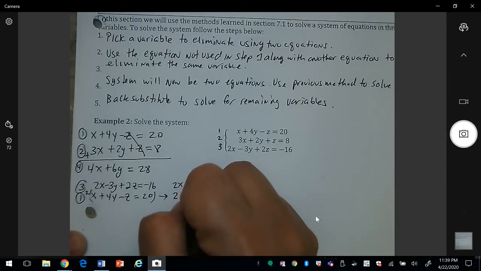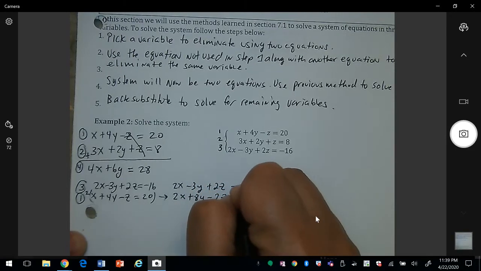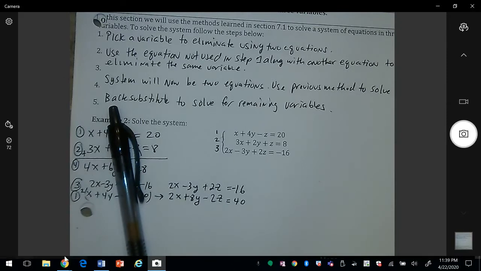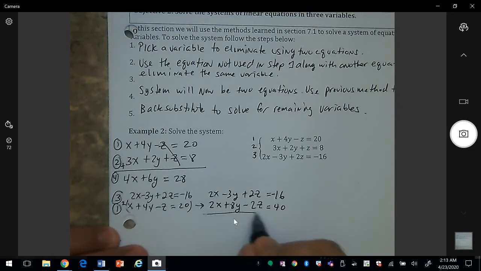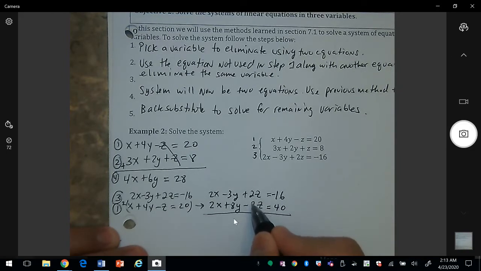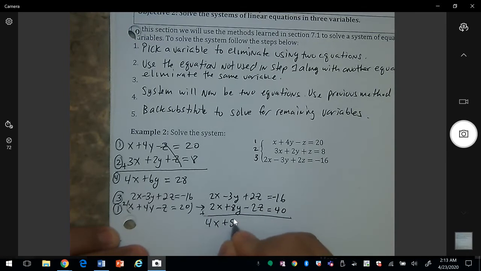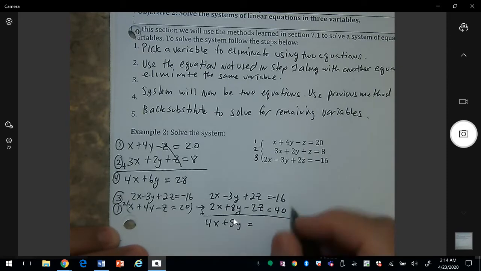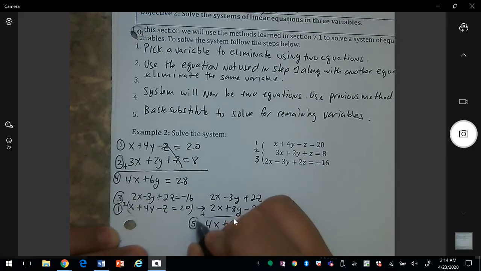And then the top one remains the same. So now that we multiplied by 2 all the way across the equation, notice that the z now has opposite coefficients, so we can add these two equations. So -16 plus 40 is 24. So I'm going to call this equation number 5.